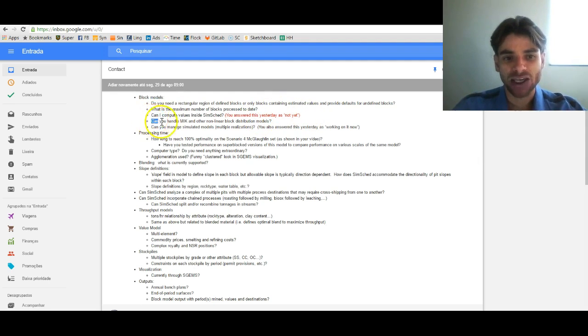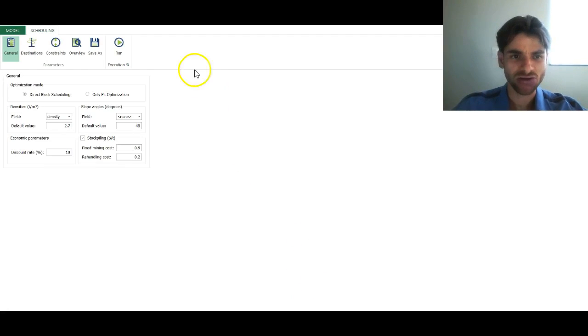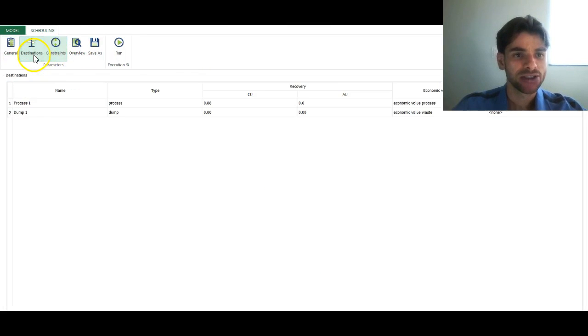Okay. Can you handle multiple indicator kriging and other nonlinear block distribution models? Well, we can handle it. SimSched doesn't care about the grades and things like that in the model. It is mostly based on economics. So if you have models, you calculate the consequence and the destination, and you import: okay, if the block goes to this processing route, it's going to have this economic value, which is a field in the imported block model.